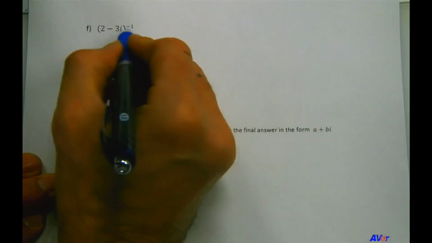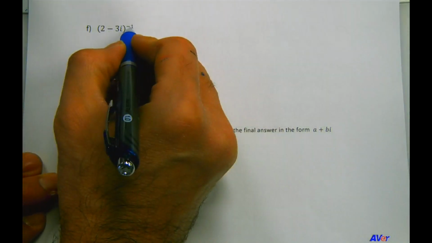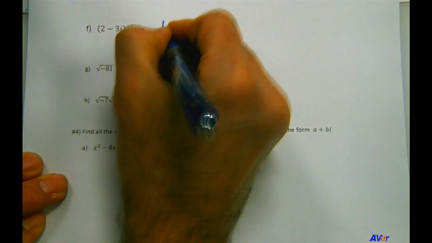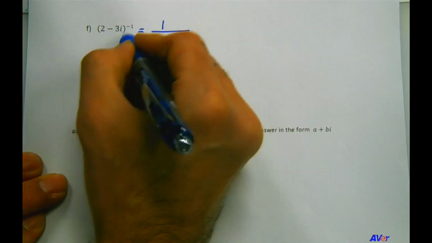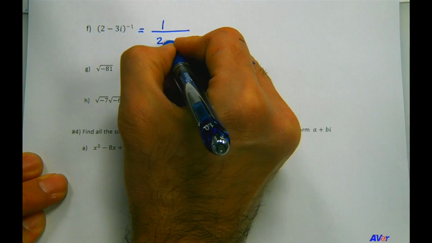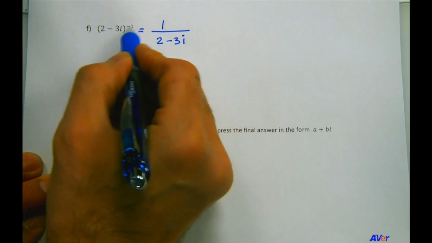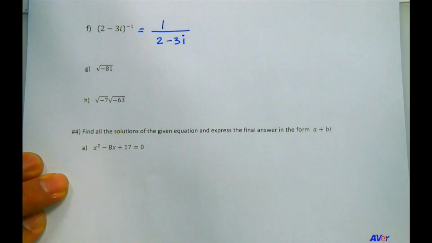So this one has a negative power, which we don't like, right? So the first thing we should do is rewrite this expression such that the negative power is gone. So take the reciprocal of it, you get 1 over 2 minus 3i, and that gets rid of the negative power.